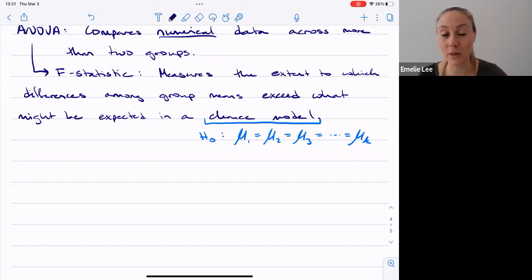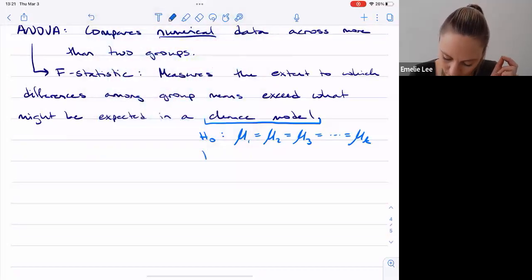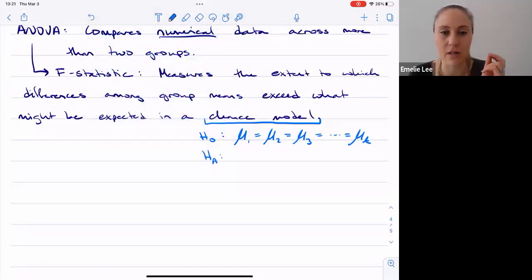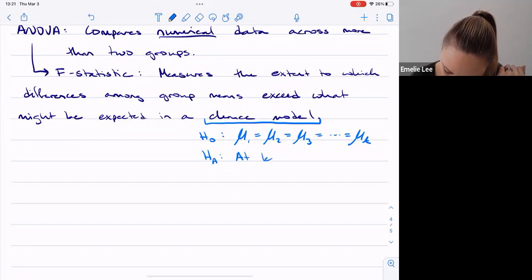No, so that's the problem with the ANOVA, it won't tell you what's going on. So for the ANOVA, the alternative hypothesis, let's highlight what that would be. The alternative is that at least one mu i does not equal mu j.